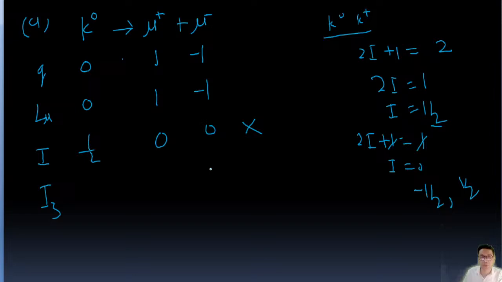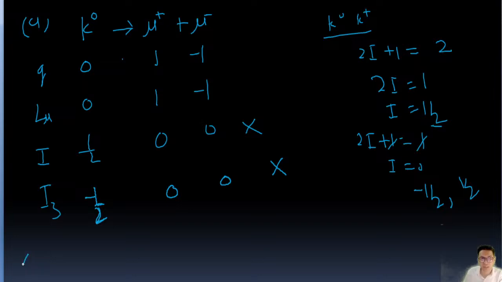So I3 is minus 1 by 2 for K naught, and because I is 0 for muon plus and muon minus, their I3 is 0. So this is also not conserved.